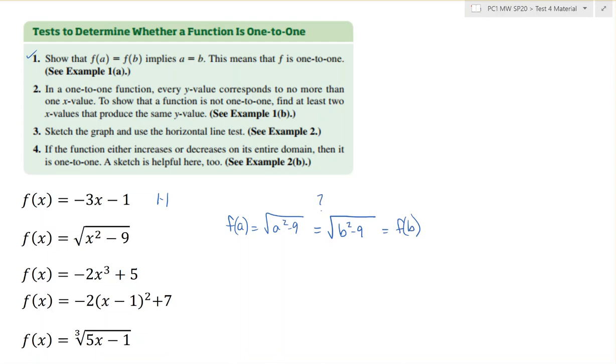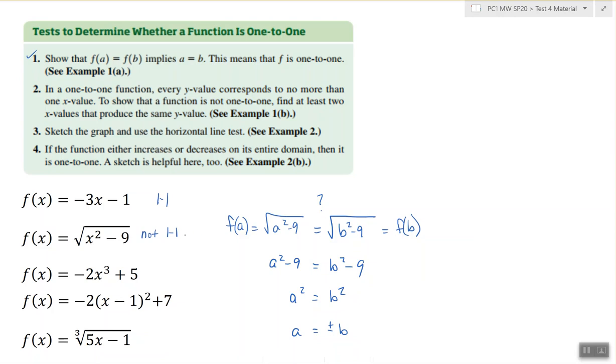If we can simplify this and get down to a equaling b, well, this would mean a squared minus 9 equals b squared minus 9. Add 9 to both sides, you get a squared is equal to b squared, and taking the square root of both sides, we get a equals plus or minus b. So a does not equal b, it equals plus or minus b. Therefore, this is not one-to-one.